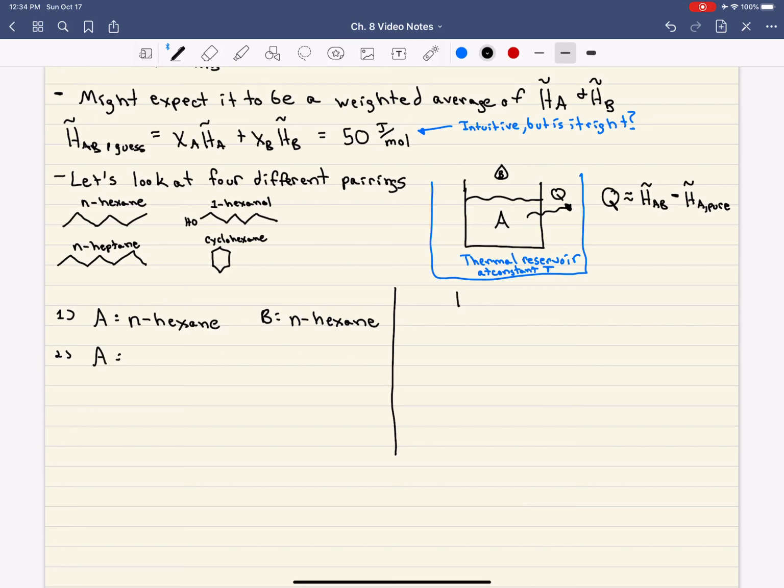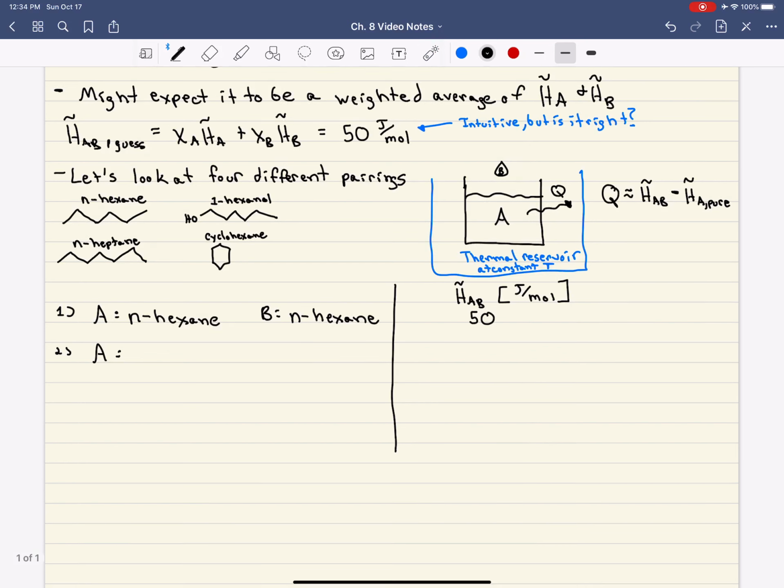And so, if one goes out and measures the HAB there, in units of joules per mole, what you would find is that the HAB would also just be equal to 50 joules per mole, right? And that makes sense because you're taking a pure component A and you're just adding in the same chemical back to it, right? So there's going to be no change there.